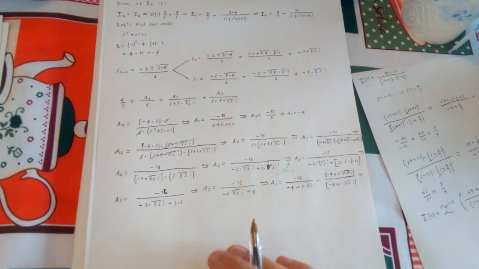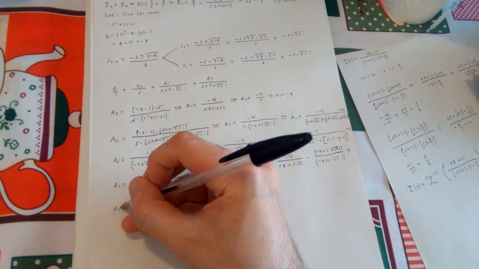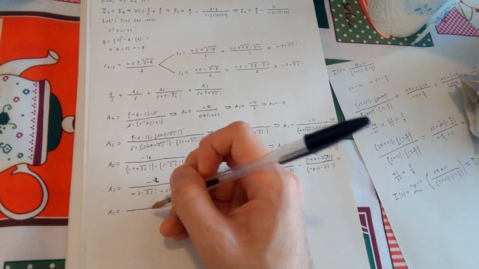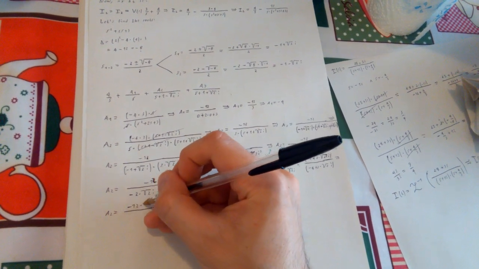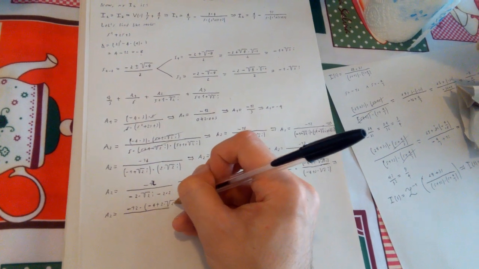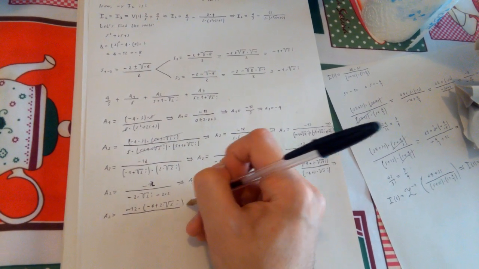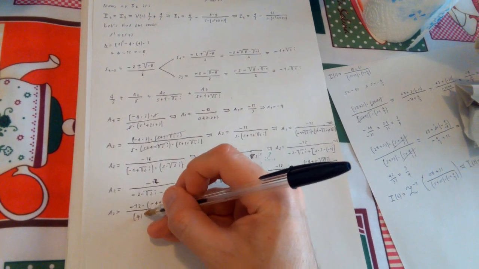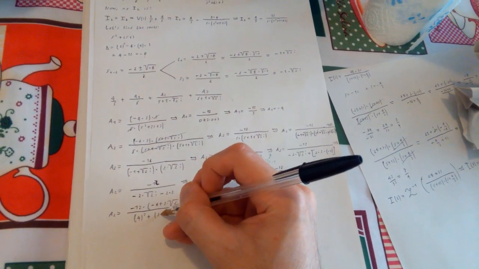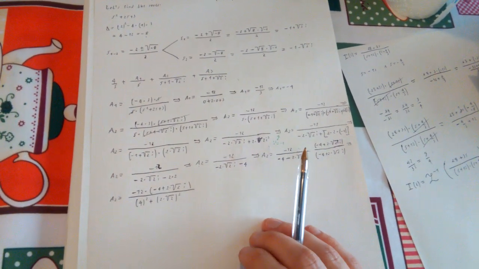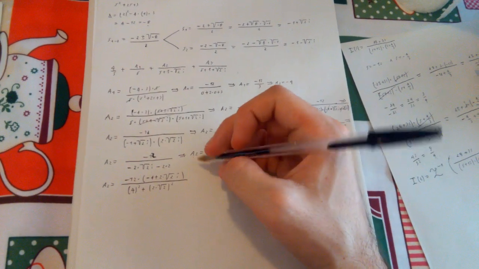So a2 is actually going to be, well, -12 that multiplies all this. So -4 plus 2 times square root of 2i over 4 squared plus 2 times square root of 2 squared. This is what multiplying by the complex conjugate does.